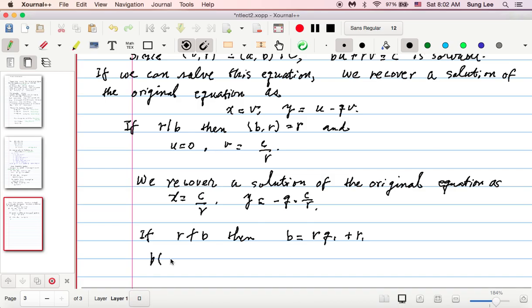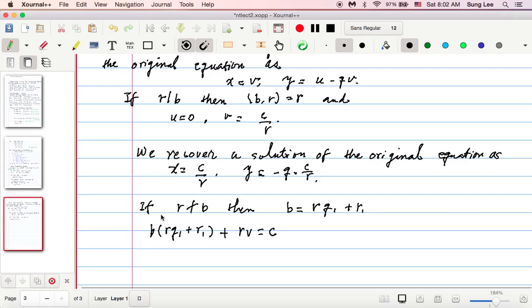This equation can be rearranged to r times q1 u plus v.